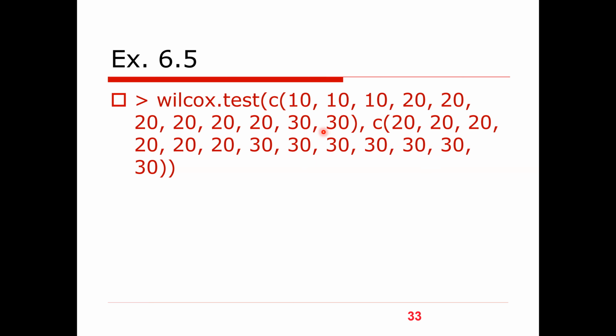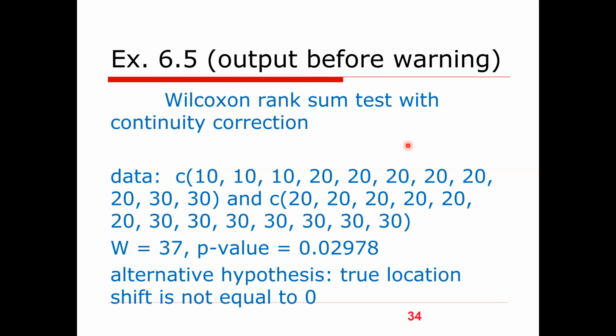If we set the lower bound for one sample, we need to assign the lower bound for both, right? The consistency. Then we get the asymptotic result for this problem. This low p-value indicates rejecting the null.